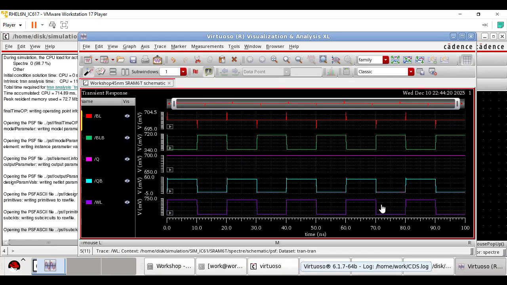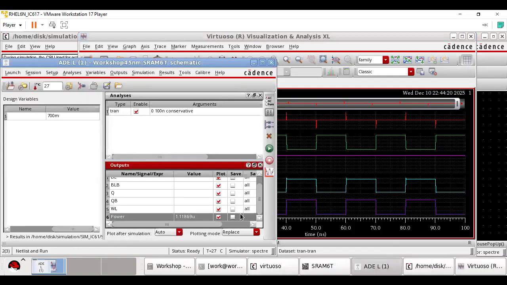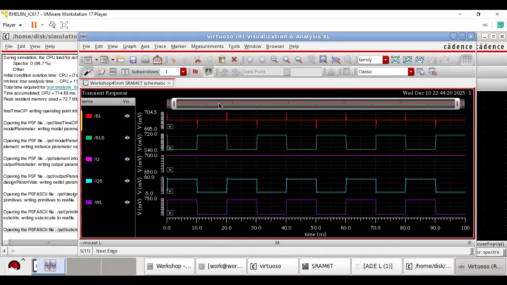Whenever your WL is high, this is a dynamic operation, and the power consumption of a dynamic operation is usually higher than the static. This is 1.1186 microwatts, the power consumption. Right? Do not get carried away with this.